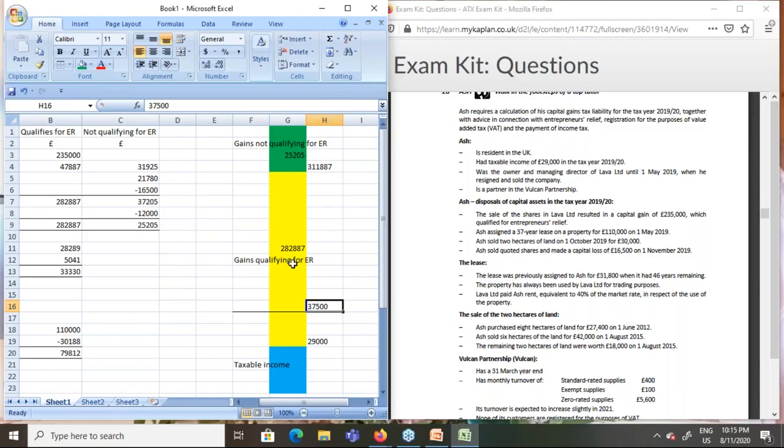So up to 282,887 will be taxed at the rate of 10%. But the gain not qualifying for ER is somewhere here over and above 37,500. So this will be taxed at the rate of 20%. So this is how you do the computation.